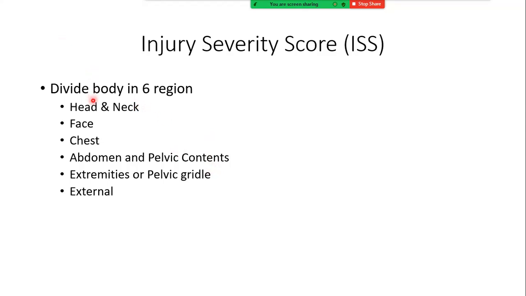The score will be 4 squared, 16, plus 3 squared, 9, plus 3 squared, 9. So maximum 3 injuries we are taking, and from one body region we are picking 2 injuries. So 16 plus 9 plus 9 will be 34. So for the same patient, the ISS will be 29, but the NISS will be 34.